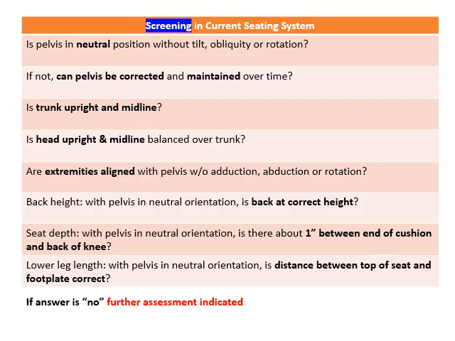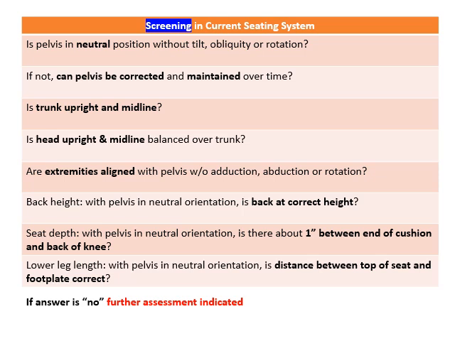These are some screening questions to ask with the person sitting in their wheelchair using their current seating system. Let's look at the pelvis. We've learned all about the pelvis. Is it in a neutral position without a tilt, without obliquity or rotation?